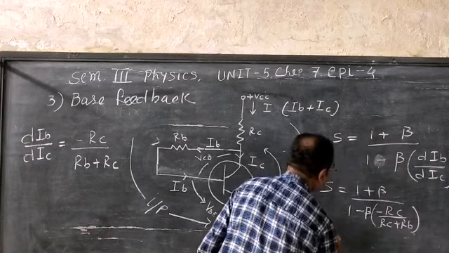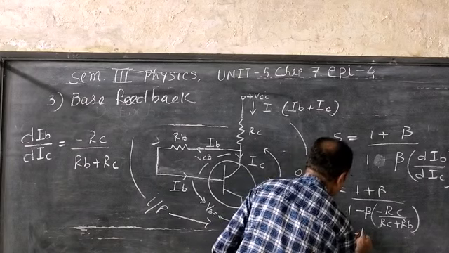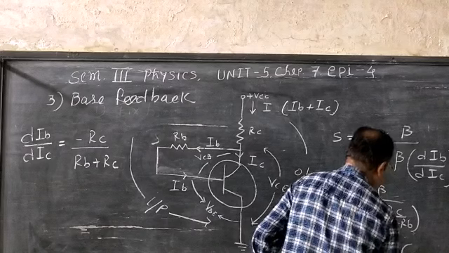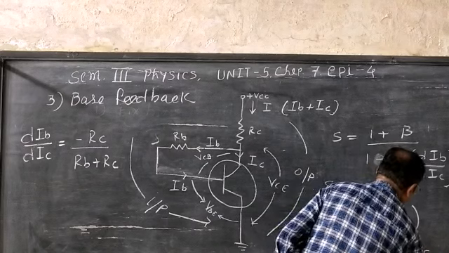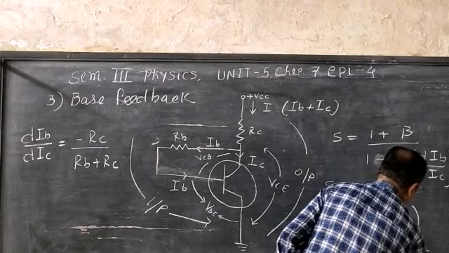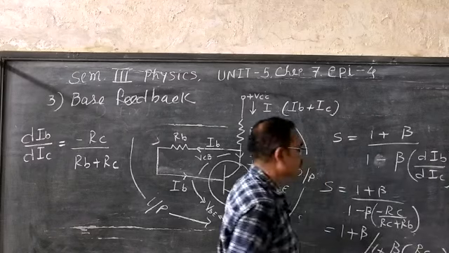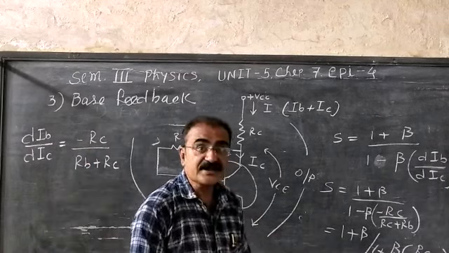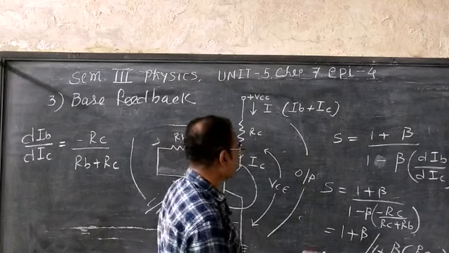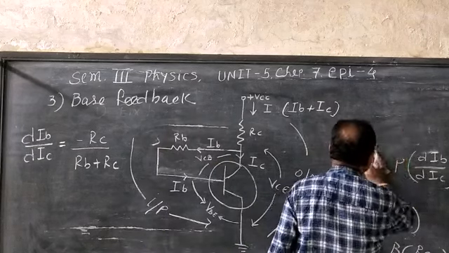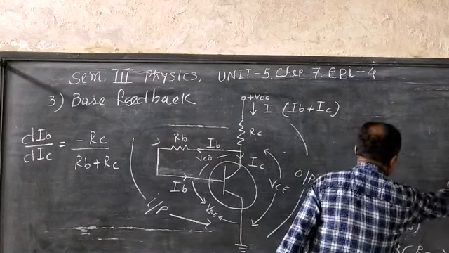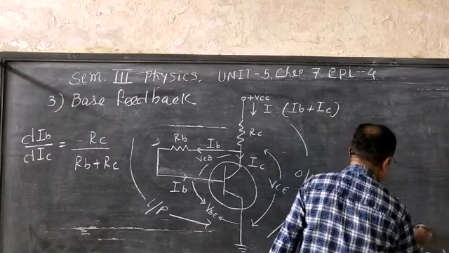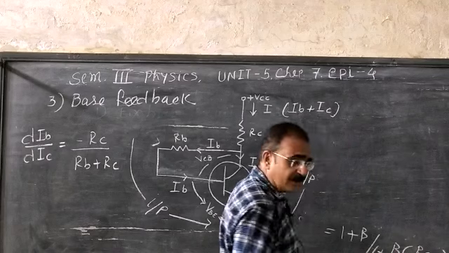So this will be 1 plus beta upon 1 plus beta into bracket RC upon RC plus RB. So this value of the stability factor is quite large because the value of IC and especially the value of IB is quite large. Let us see one simple numerical example.